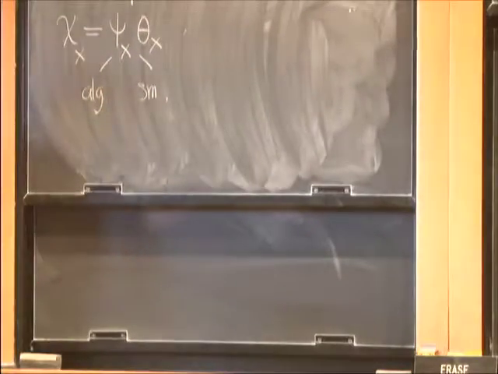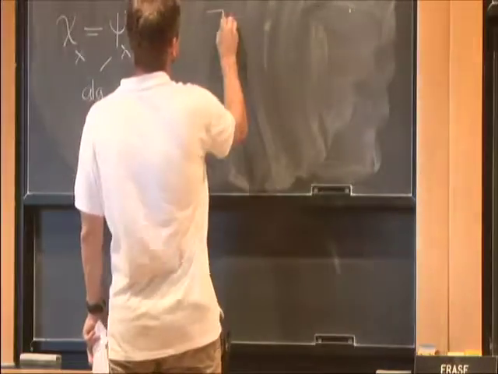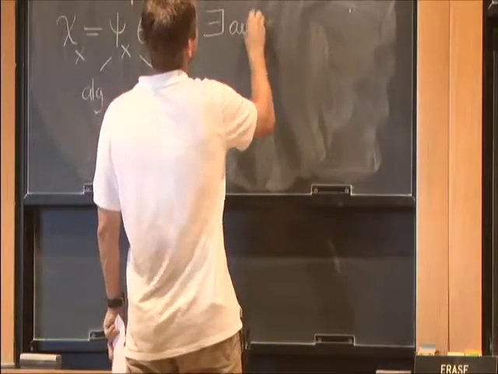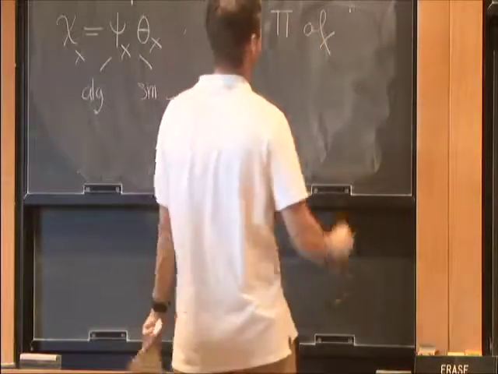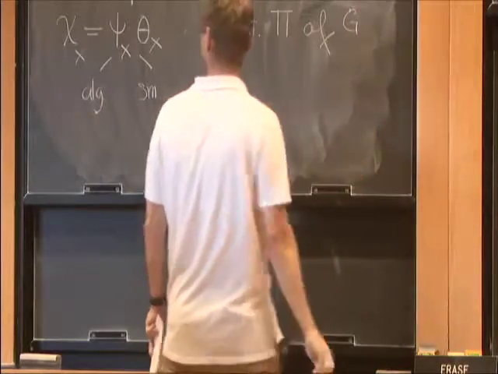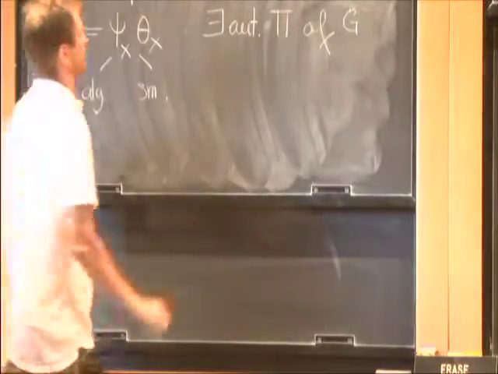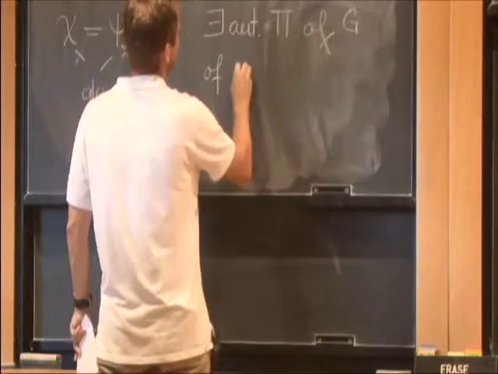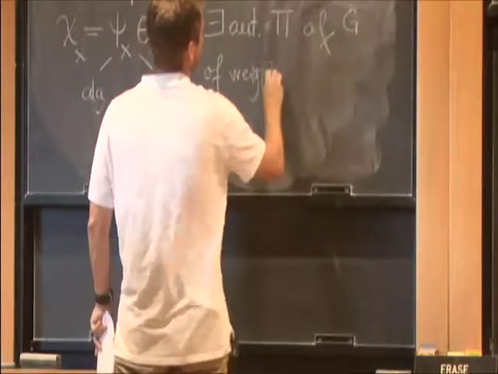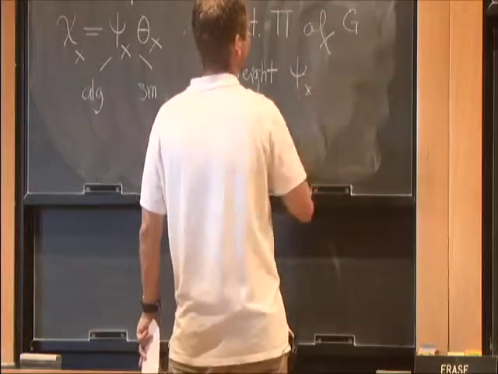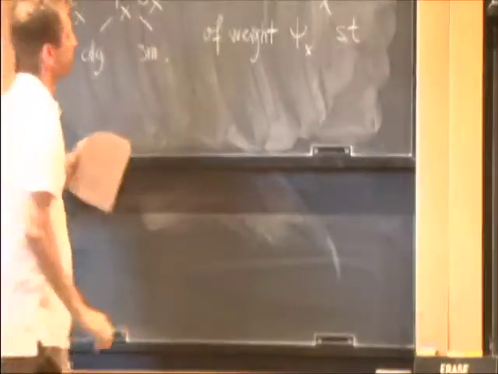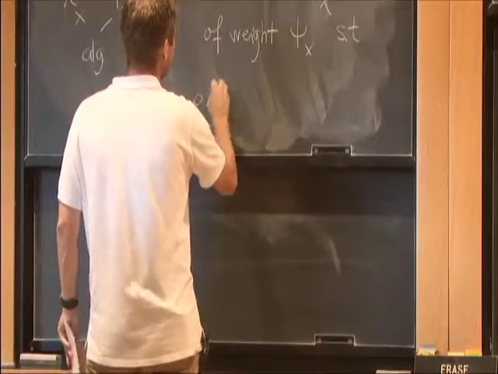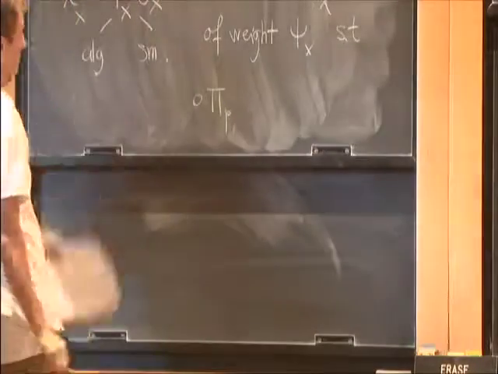And there should be an automorphic representation of G, of weight psi x, such that when you look at the component at p, it should embed inside that principal series.